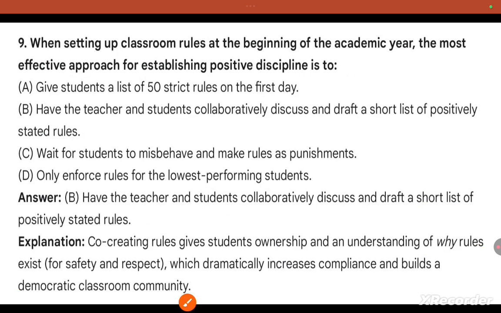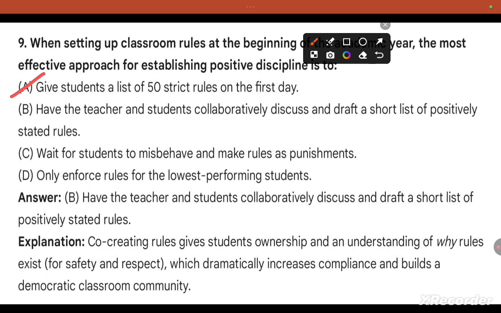Question number 9. When setting up classroom rules at the beginning of the academic year, you must choose the most effective approach for establishing positive discipline. A. Give students a list of 50 strict rules on the first day only.